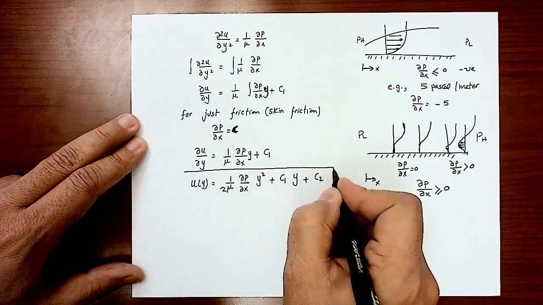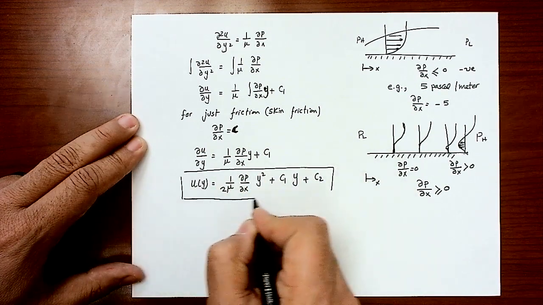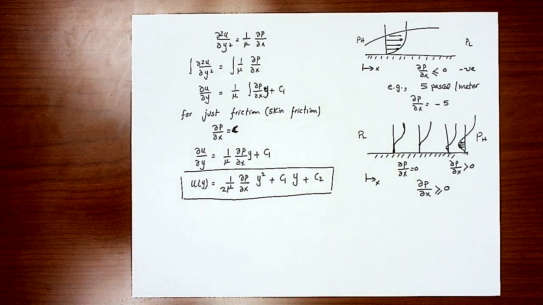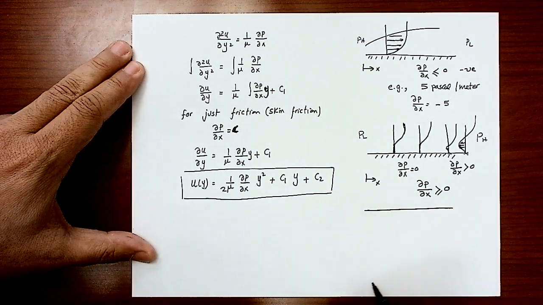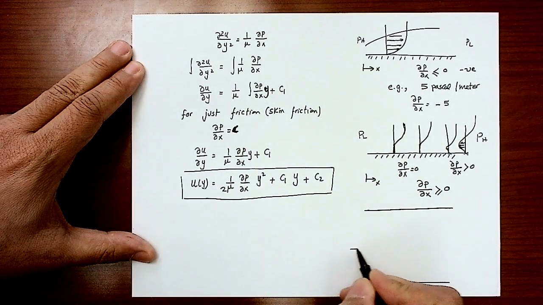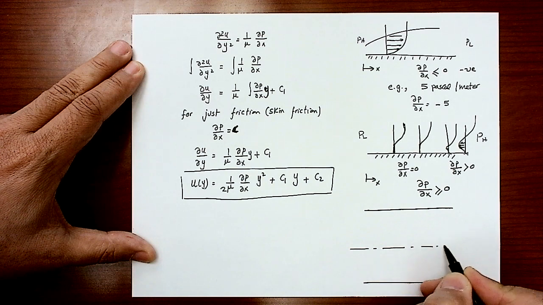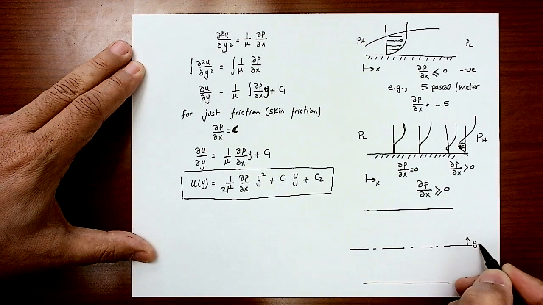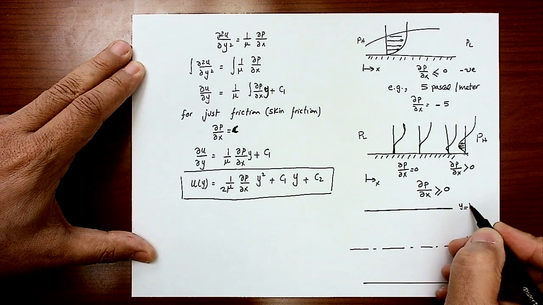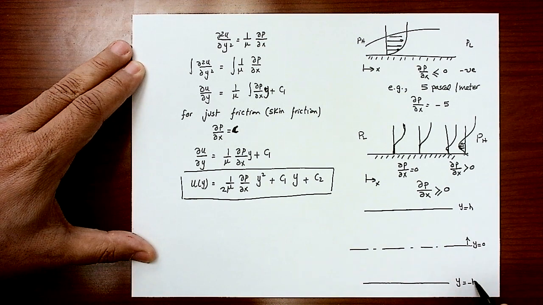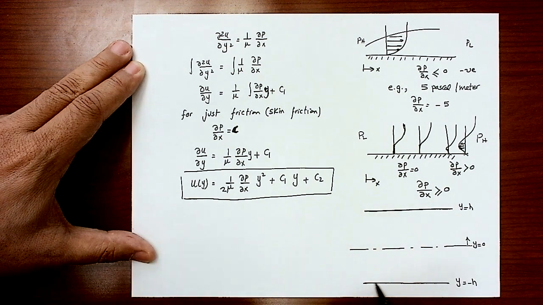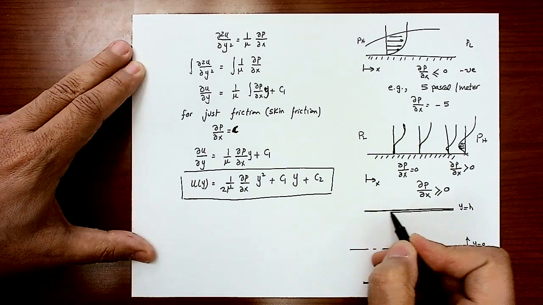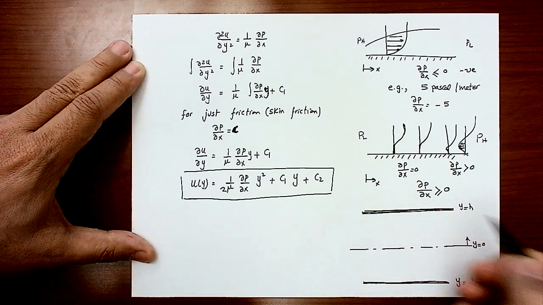The first impression I'm getting here is that velocity changes in a parabolic format, second order. Remember, between the two plates, we assume that the center line is in the middle. So Y equals 0 here, Y equals H here, Y equals minus H here. We know that velocity is 0 at the top and 0 at the bottom, because of the non-slip condition that we assumed at the beginning.